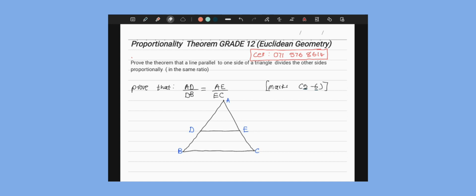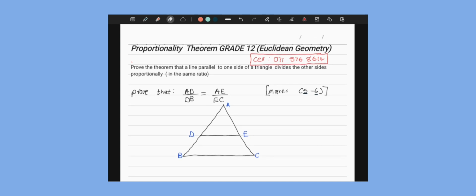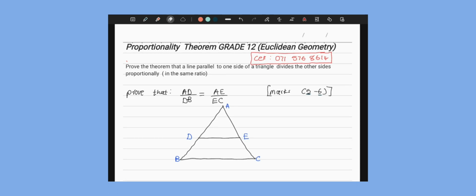So I'm going to show you how to prove this theorem for grade 12. Just stay tuned and enjoy the video, since I'll be giving you the entire proof, whereby you can grab these marks, 5 marks or 6 marks.